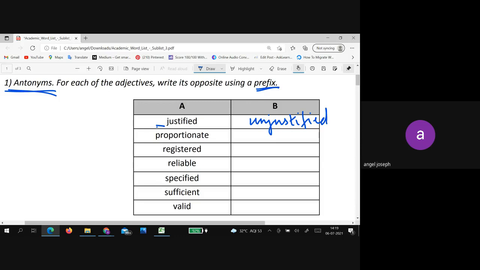So what can we put before proportionate to make it an antonym? Think of the words. You can put un in front of it, you can put in in front of it, you can put dis in front of it. Think about it. Unproportionate, inproportionate, or disproportionate?